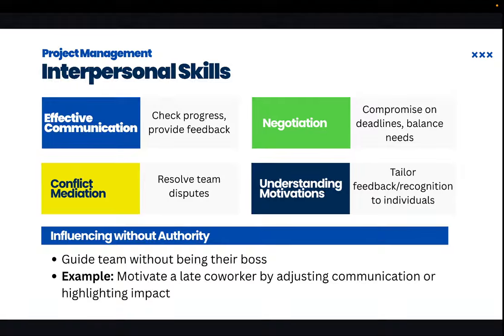So if a worker is always late to work, you know that definitely is going to affect the progress of a project, or a task to be done. As a project manager, you have to guide that particular person without being his or her boss. So how do you do that?